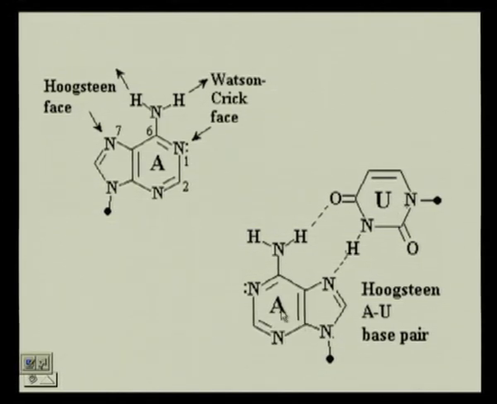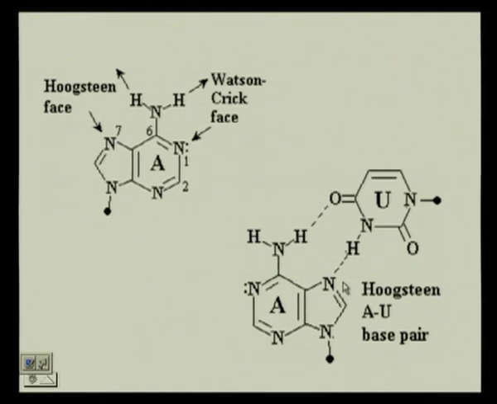So, when we have an A and U linkage and you see that the linkage is, obviously, going to be between 2 electronegative atoms, but what is taking part? That is what you have to look at. What do we see taking part? Here we see the 6-membered ring taking part and we see the 5-membered ring taking part. So, what kind of base pairing is this?